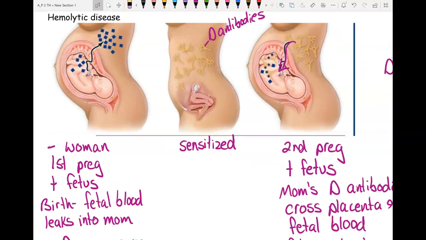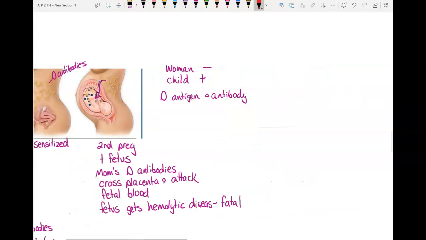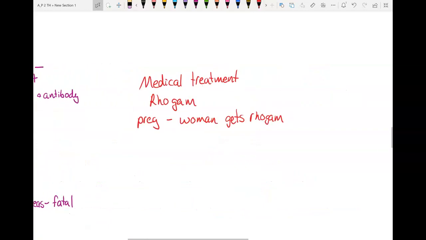So they give her the shot while she's pregnant. The RhoGAM comes in and it coats the fetal blood cells. It's like camouflage.